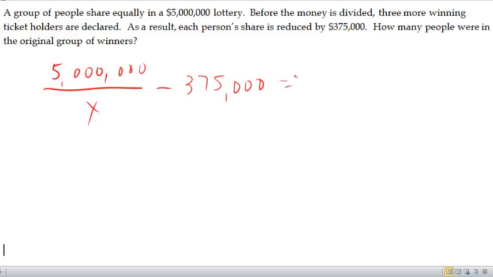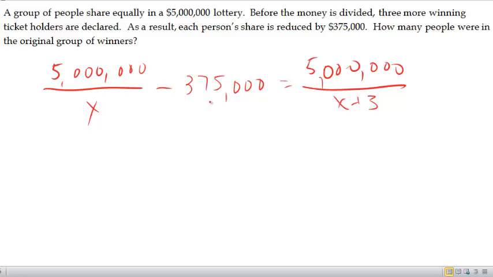Well, that's the same as if we had just taken that 5 million and divided it among that original group of people plus 3, because now our group has 3 more people in it. If you just divide it, that's what we would do over here on the right. But if we divided it first and then have to subtract or refund the other 3 people, this is what we would do. So these two expressions are equal.